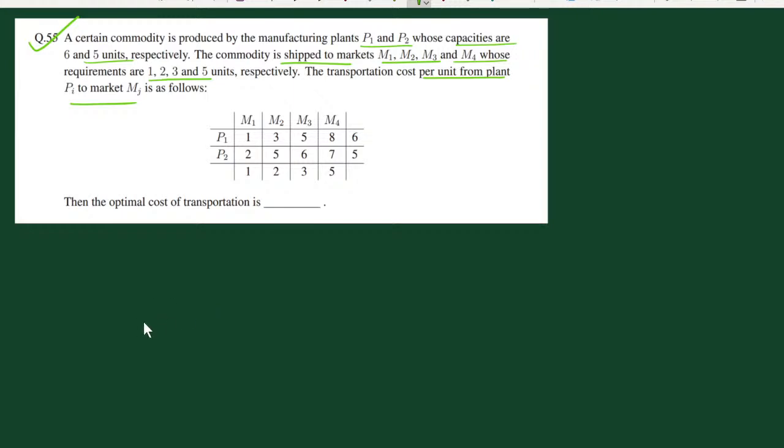So this is a transportation problem. In case of a transportation problem, we first apply the northwest corner method, or you can apply the matrix minima method.